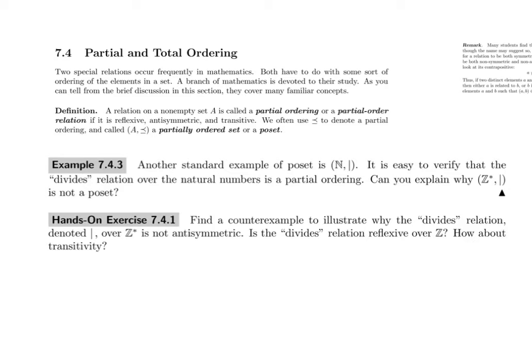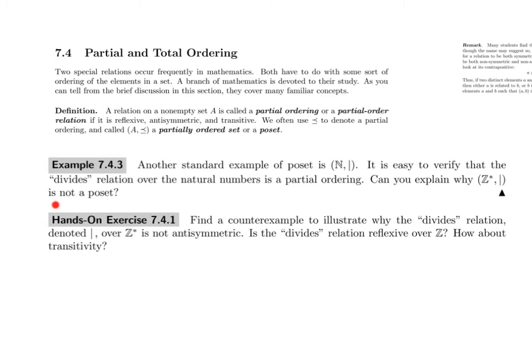This example asks an interesting question. It asks, can you explain why Z star with the divides relation is not a PO set? Remember that Z star is the set of non-zero integers, which means this includes positive integers and negative integers. It just doesn't include 0.